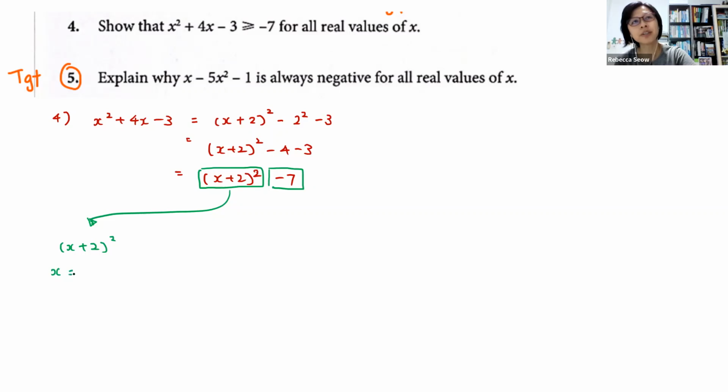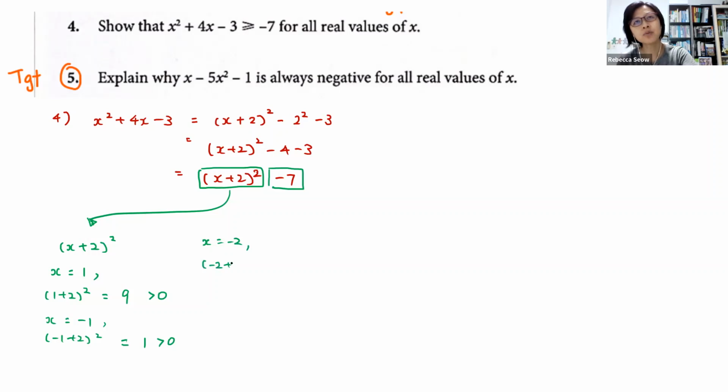If I were to put in x equals to 1, then I'll have 1 plus 2 whole thing squared, that gives me 9. That's more than 0. If I have x equals to minus 1, I have minus 1 plus 2 whole thing square, therefore it is 1 square, so 1, more than 0. What if x is equals to minus 2?